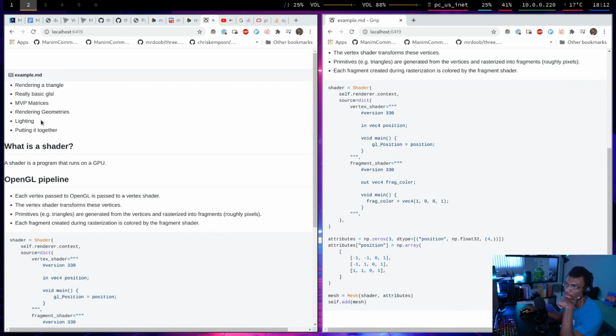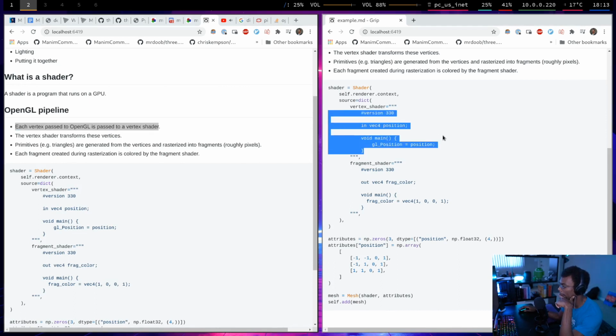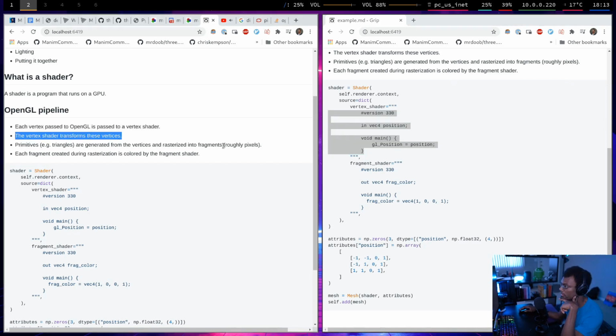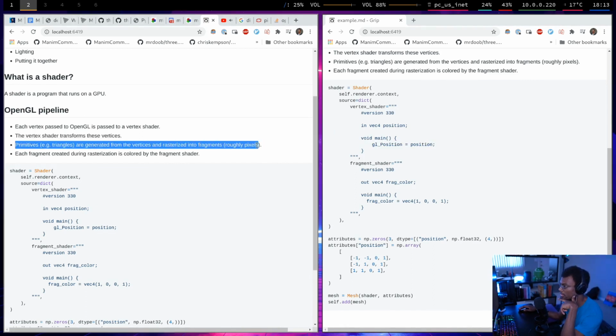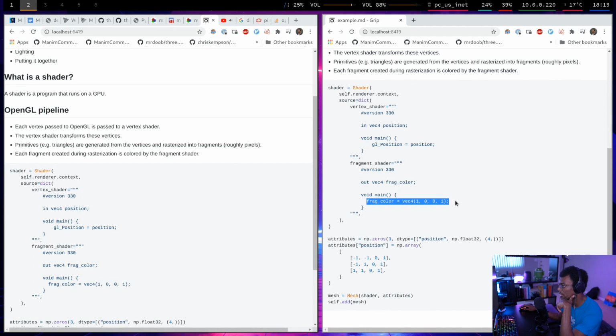Alright, so this is the code, and I said each vertex passed to OpenGL is passed to a vertex shader, and I give the vertex shader here. Okay, so that makes sense. The vertex shader transforms these vertices. This basically isn't transforming them. Primitives are generated from the vertices and rasterized into fragments. Each fragment created during rasterization is colored by the fragment shader. So the fragment shader is very straightforward, just all red, and that's it.